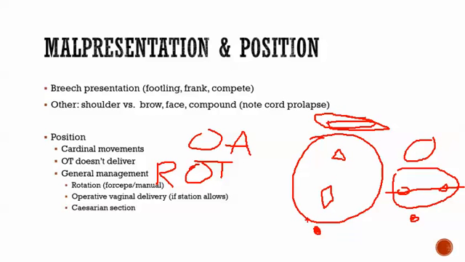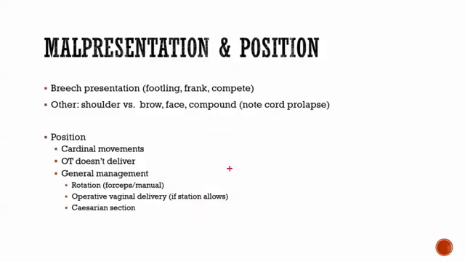All right. So the general management, if you have something abnormal, and so we know what's abnormal now, right? Occiput posterior and occiput transverse, those are both abnormal. So generally, once the cervix is fully dilated and you're moving into the second stage of labor, if possible, you're going to try to rotate.